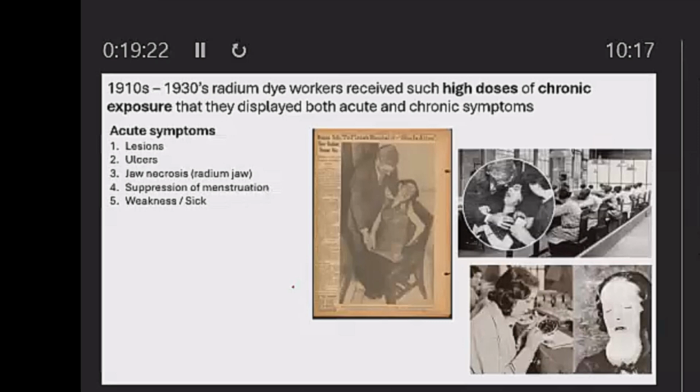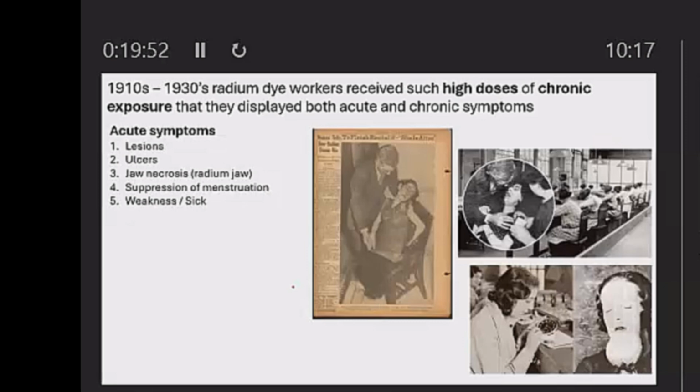As we'll see throughout this lecture, your bones and your bone marrow and your blood cells are highly susceptible to radiation. It takes a lower dose to kill those cells. And your immune system is highly dependent on your bone marrow and your white blood cells. So whether you get an acute or chronic radiation dose, you can have a suppressed immune system.